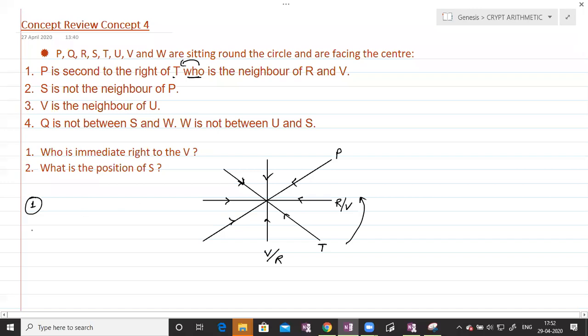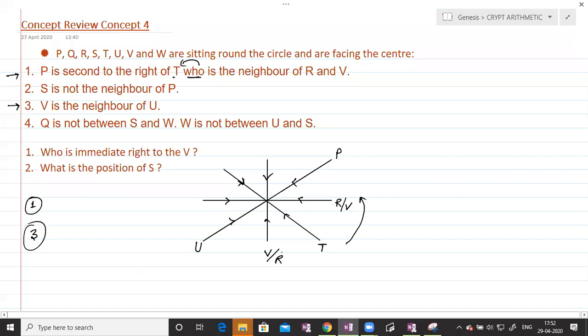Now look at the third statement. Third statement says, V is the neighbor of U. If I plug in V here, right? So that's why I'll get the neighbor. Otherwise, I'll plug in V here. Remember, it means U must be here.